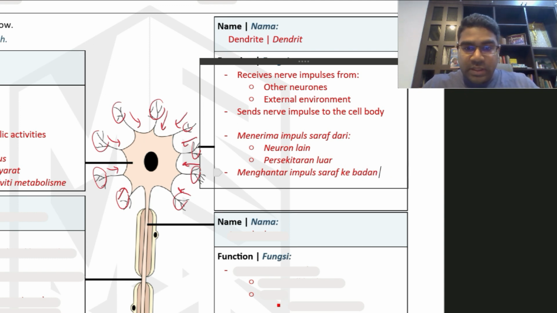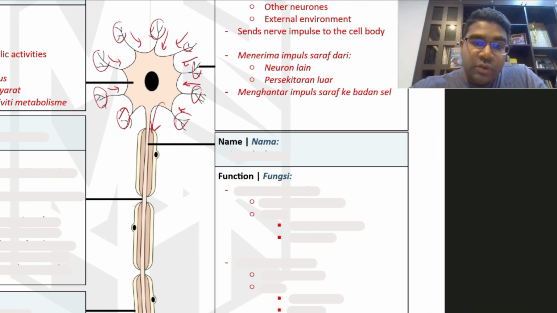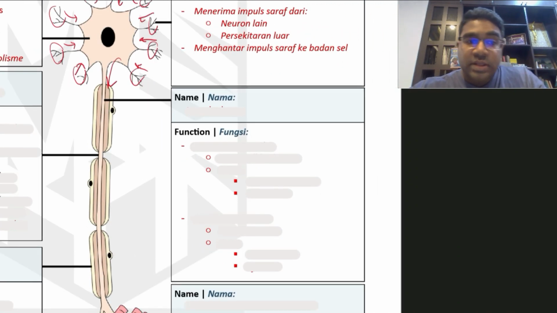Alright, so once it sends to the cell body, then impuls ni akan pergi mana? Impuls akan datang sini, dia akan turun bawah sini. So apakah nama struktur yang ini pula? What's the name of the structure? After that, the impulse goes downwards. So this is the axon. Namanya ialah axon.